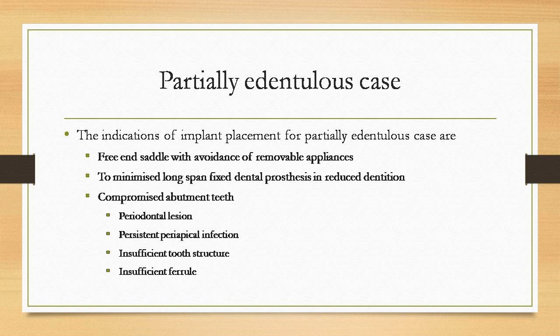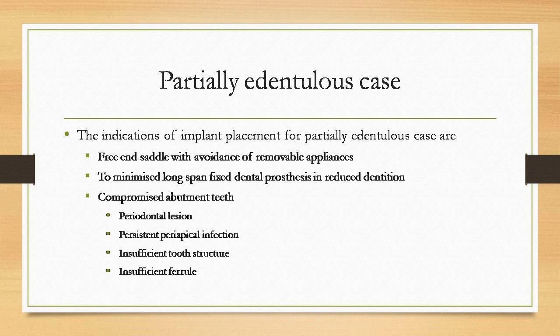A major indication for implant placement is the free-end situation when removable appliances should be avoided. Another important indication is given in the reduced dentition, when the risk of long-span fixed dental prostheses should be minimized, especially when abutment prognosis is compromised.